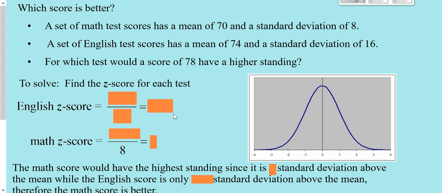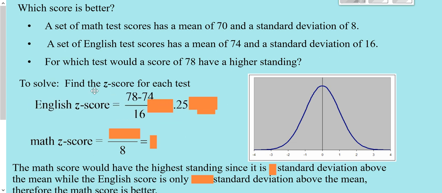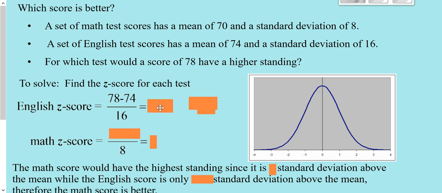So we could do our z-score for the English, and we could do our z-score for the math. We take our English 78, because that's what they scored, minus our mean of 74, over our standard deviation for English, which is 16. Work that out, and we get a quarter. And we do the same thing for math. We take our 78 minus our mean of 70 over our standard deviation for math, which is 8.